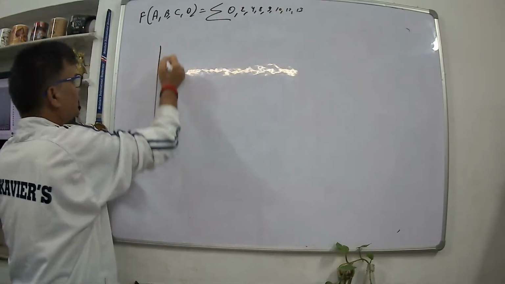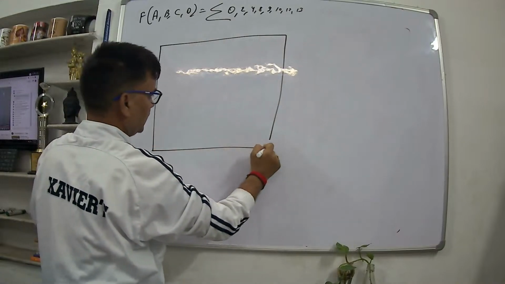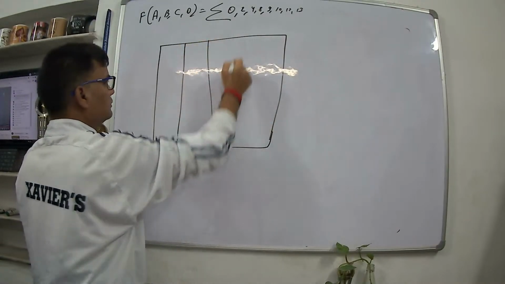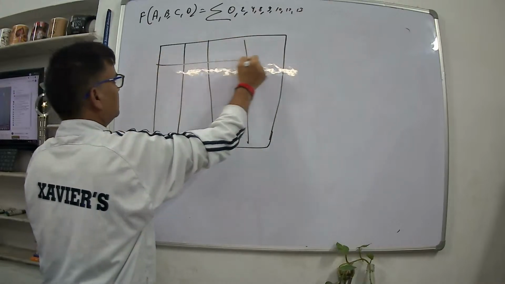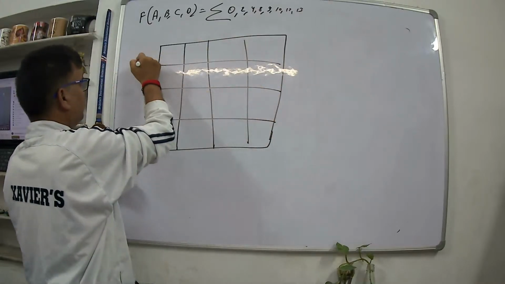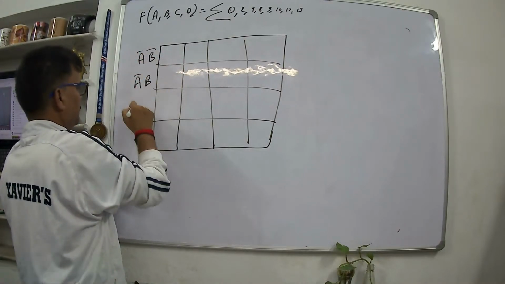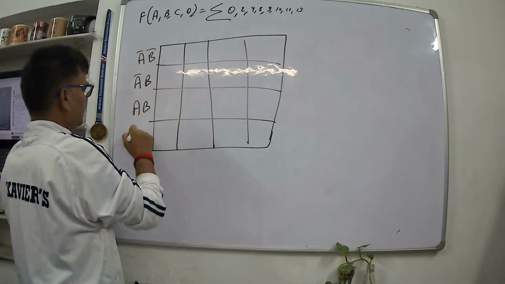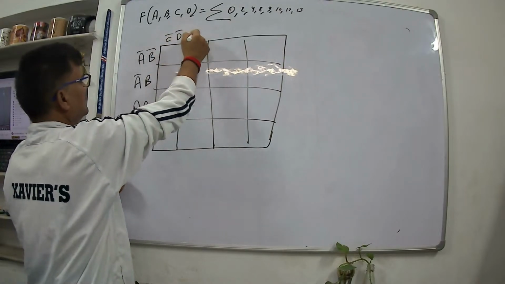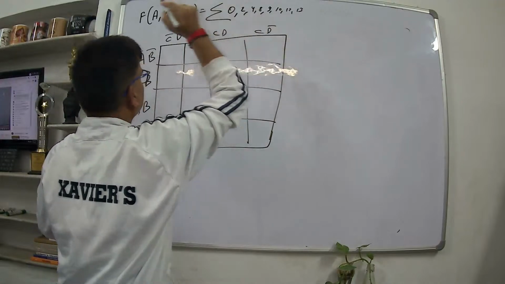Okay? I just make the K map like this. A proper K map needs to be drawn. A bar B bar, A bar B, AB, and AB bar. C bar D bar, C bar D, CD, and CD bar.